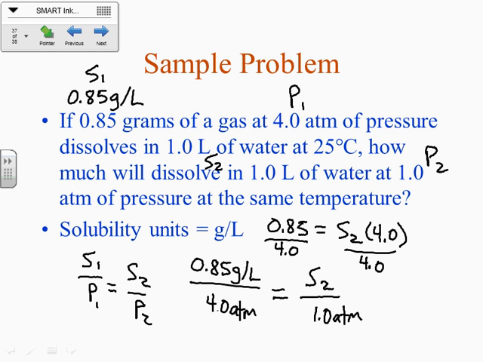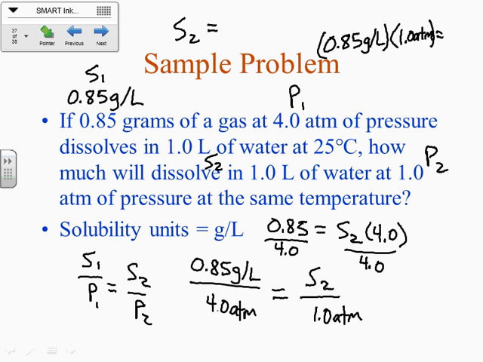I don't know what liters or what. Okay, so here's the tricky part maybe, figuring out the units, right? Remember, solubility is in grams per liter. So when I work this through, I probably should have kept the units on here as I was doing this. The 0.85 is grams per liter, and then we ended up multiplying that by the 1.0 atmosphere, right?